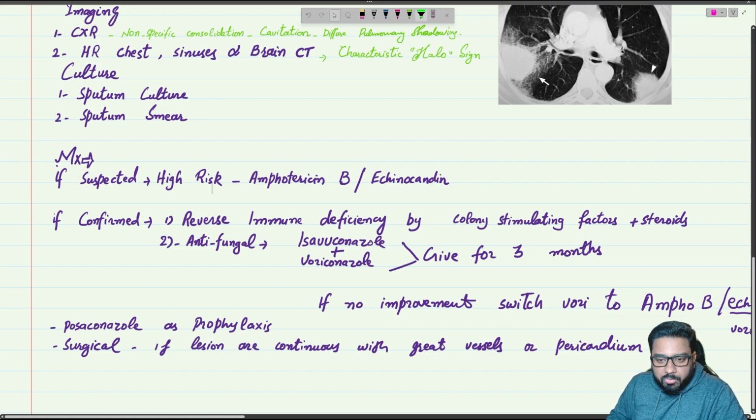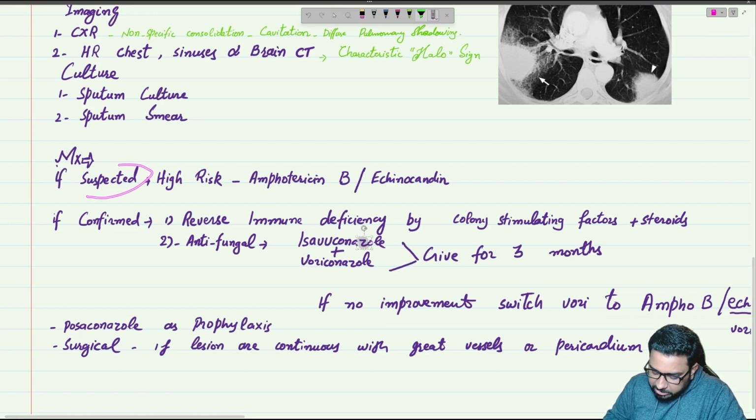From management point of view, if we are suspecting invasive aspergillosis and the patient is obviously immunocompromised, then we need to start amphotericin B and echinocandin. If someone is suspicious of invasive aspergillosis and high risk, amphotericin B, echinocandin.